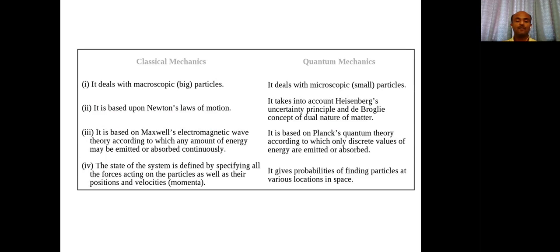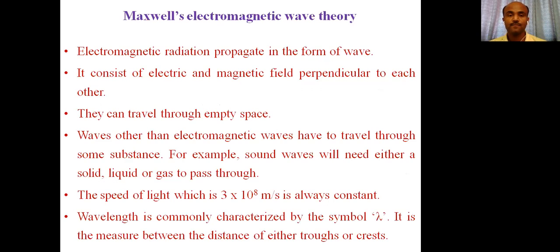In classical mechanics, the state of the system is defined by specifying all the forces acting on the particle as well as their positions and velocities. While in quantum mechanics, it gives the probability of finding a particle at various locations in space.